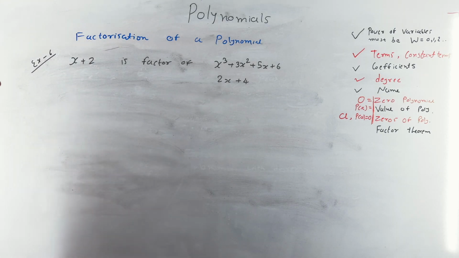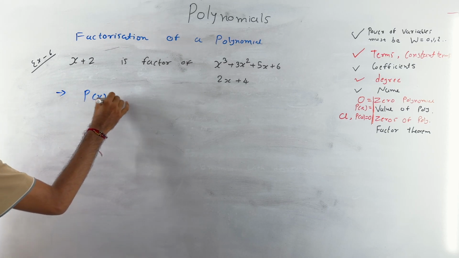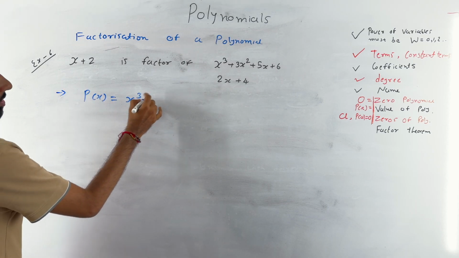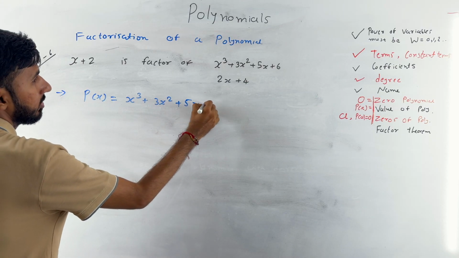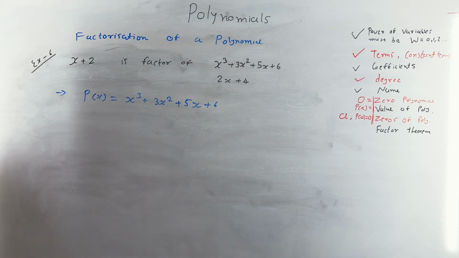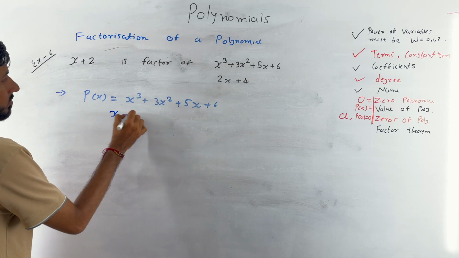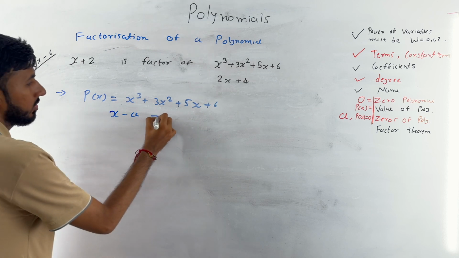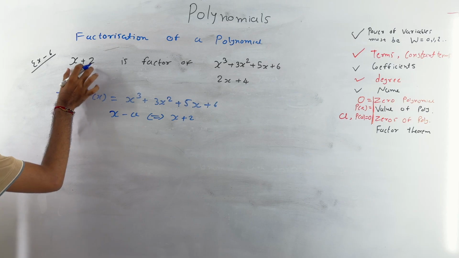So what the factor theorem states is that if p(x) is any polynomial with degree greater than or equal to 1, I can write this polynomial as p(x). Now if you divide p(x) by another polynomial x minus a, and here I have x plus 2, I want to check x plus 2.